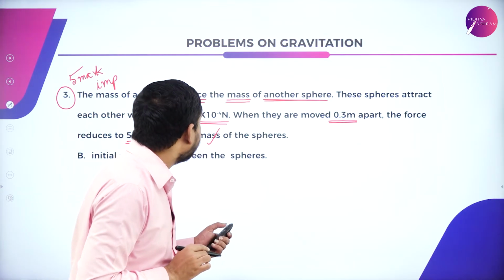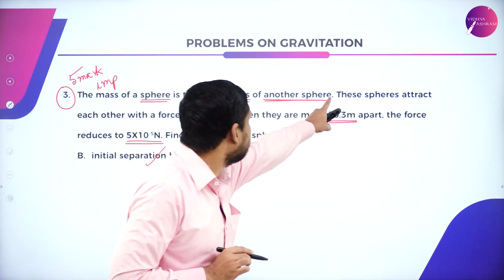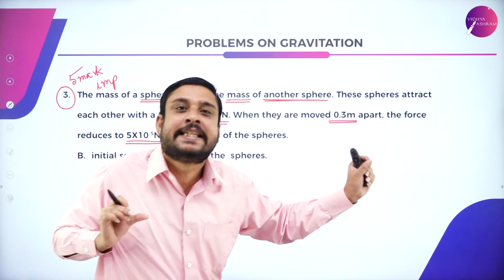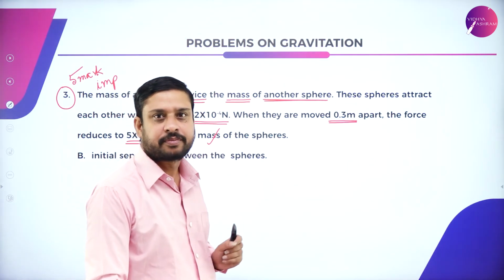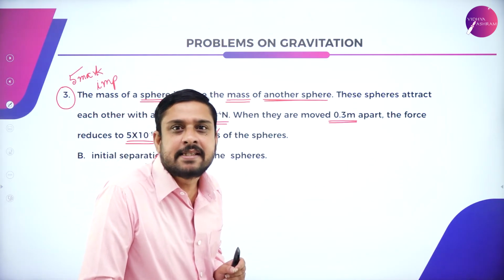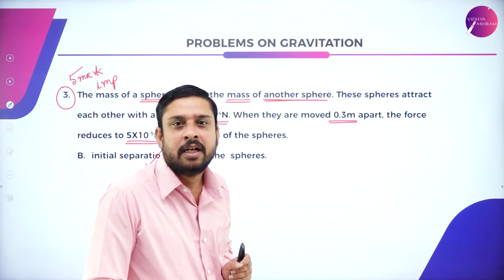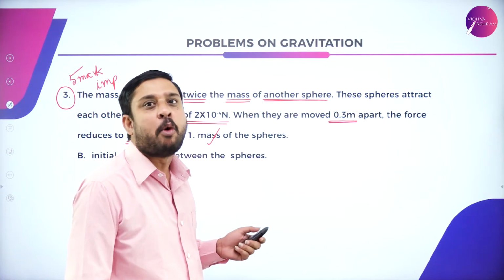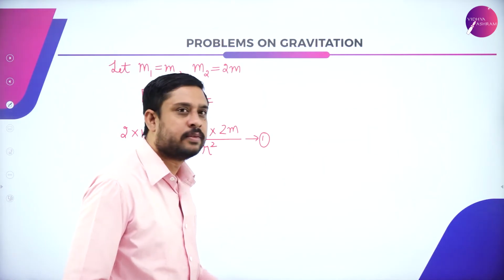Now what is happening to the distance? They are moved 0.3 meter apart. The distance between the two spheres is increased by 0.3 meter.